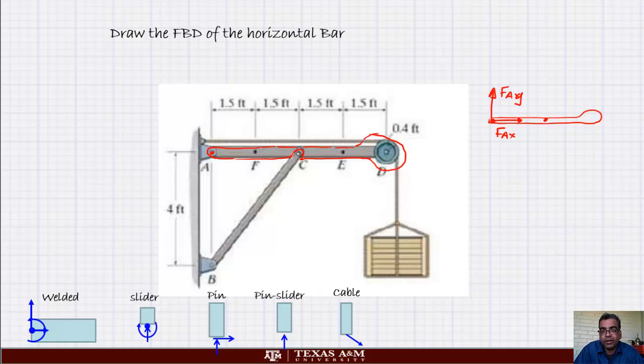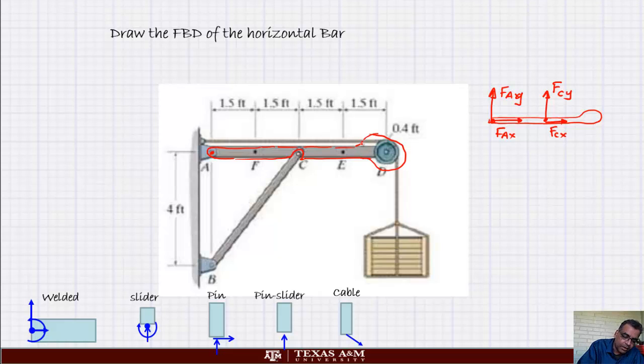Here, we are not going to be clever. We are just going to be systematic. So if it's a pin joint, I'm going to have two forces, FCY, FCX. Notice I don't even care about whether these things are balanced, unbalanced, nothing. I'm just saying blindly pin joint, pin joint, pin joint, that's all.